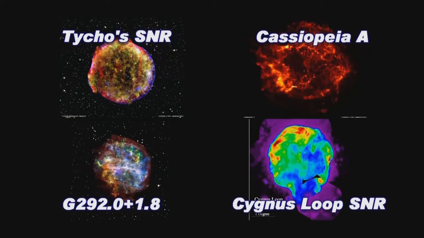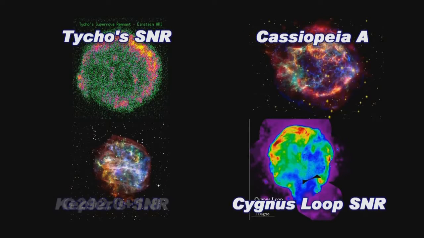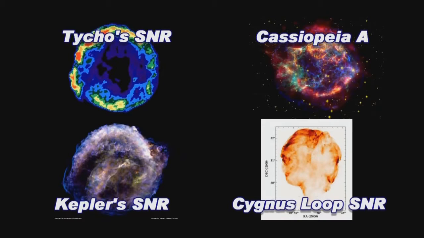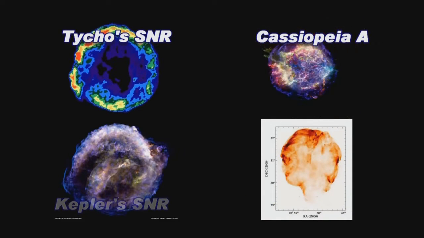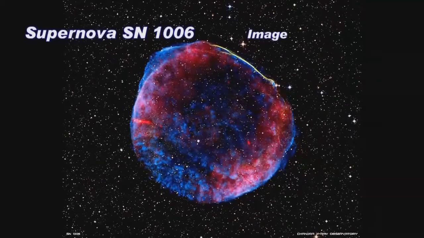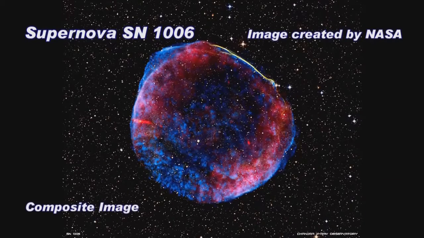Scientists have studied supernova remnants with a wide variety of instruments. When you carefully check all this data, you will find that it all conforms to the theories of supernova remnant formation presented in the Primer Fields. One of the most thoroughly studied supernova remnants is SN 1006.